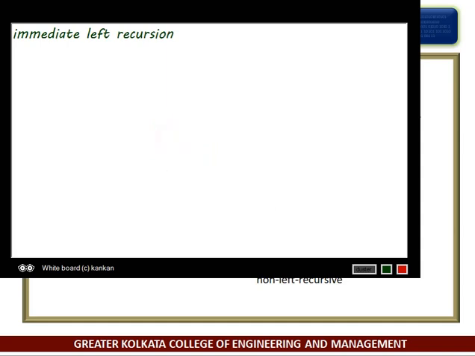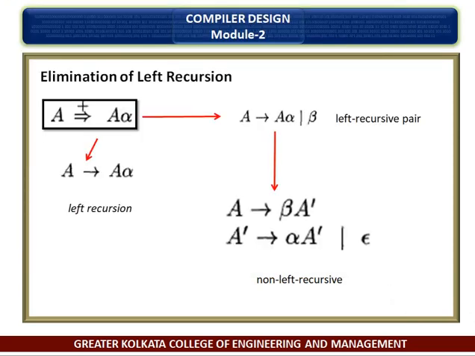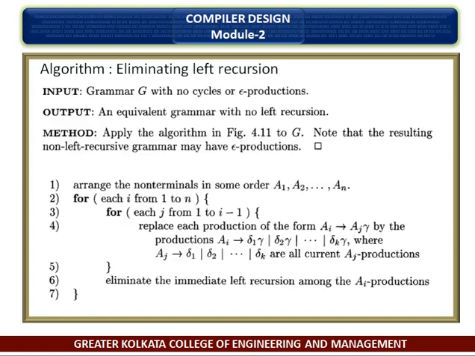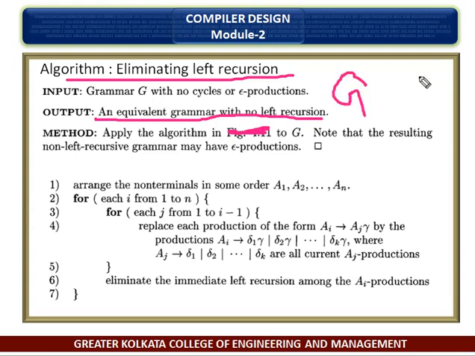Now we will learn about the algorithm for left recursion very shortly. For this purpose we have this algorithm for eliminating left recursion, which produces an equivalent grammar with no left recursion, where the grammar is G and may have epsilon productions.